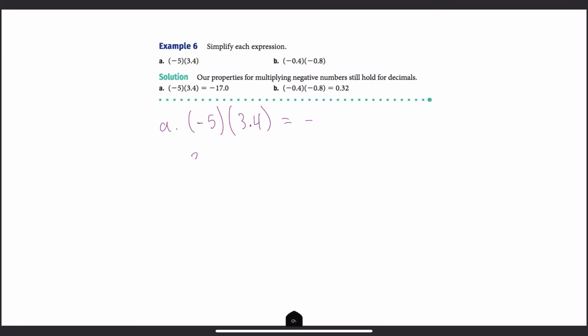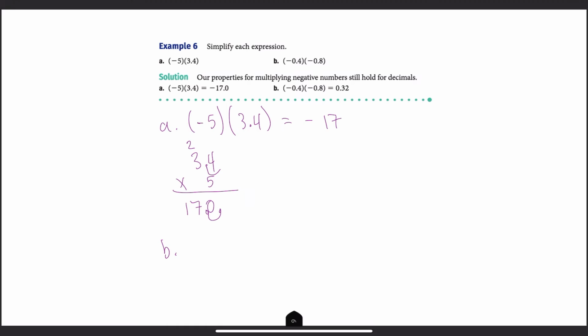And then I can actually do my multiplication here to find out. So 170 is what I get when I do my multiplication, and I have to recognize that there's 1 digit to the right of the decimal point. So I need 1 digit to the right of the decimal point in my product. So that's 17.0, or maybe just 17.